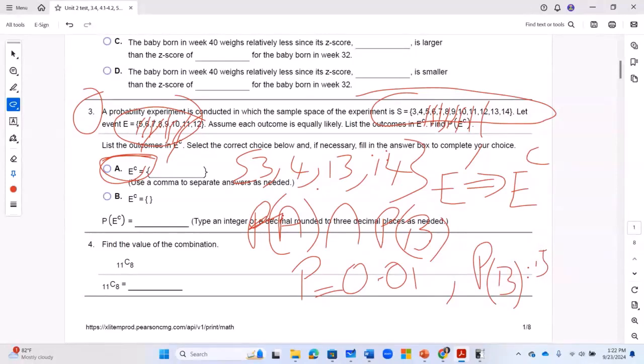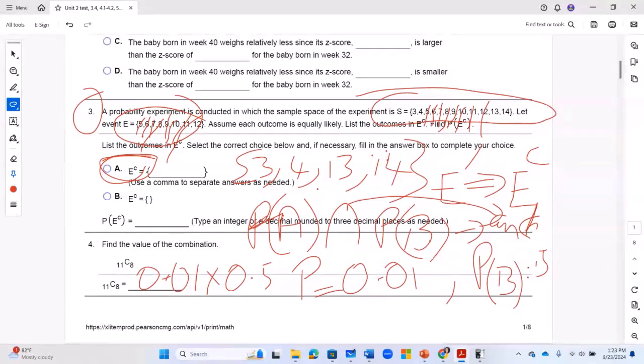Whenever you have intersection, just know that intersection means and. Therefore, probability of A intersection probability of B is 0.1 multiplied by 0.5. When you multiply the two, you will notice that you have 0.0.